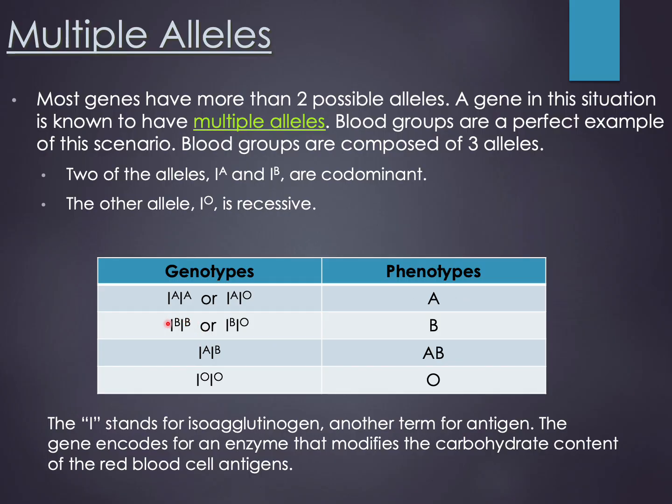With the capital B's, having both capital B's or a capital B with the recessive O, both of those represent B-type blood for phenotype. You can have the codominant of AB, where this individual's blood would be AB, or you could have O-type blood from 2 recessives.